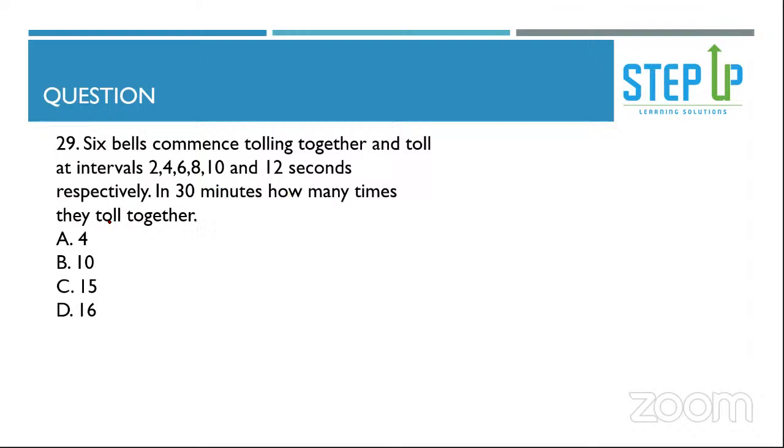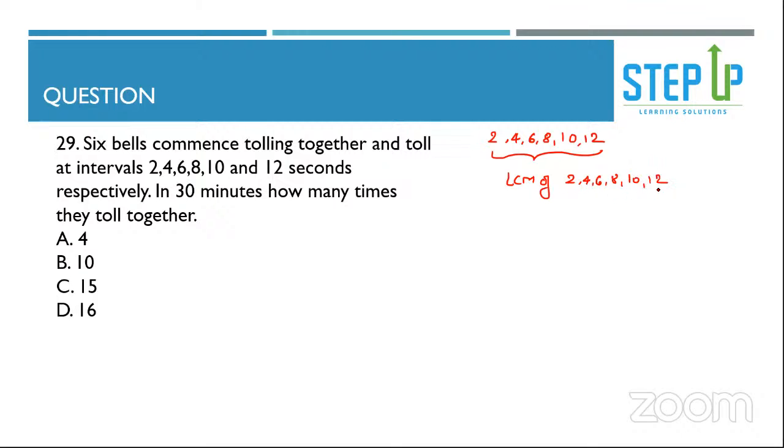In 30 minutes, how many times do they toll together? So again, the first bell is ringing after every 2 seconds, then 4, 6, 8, 10, 12. So I need to take the LCM of 2, 4, 6, 8, 10, 12.